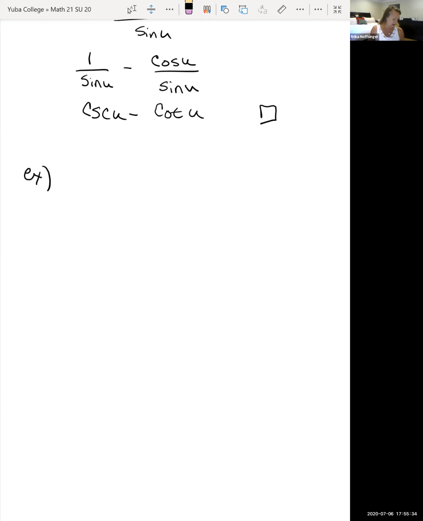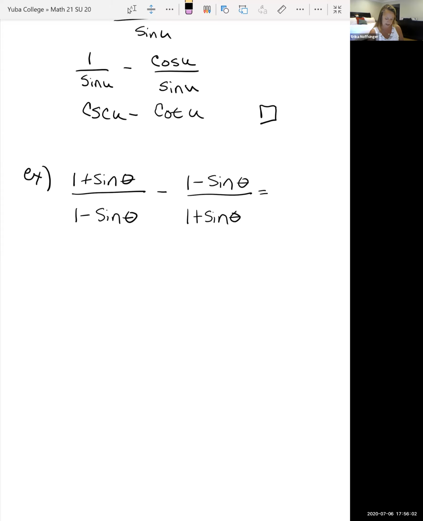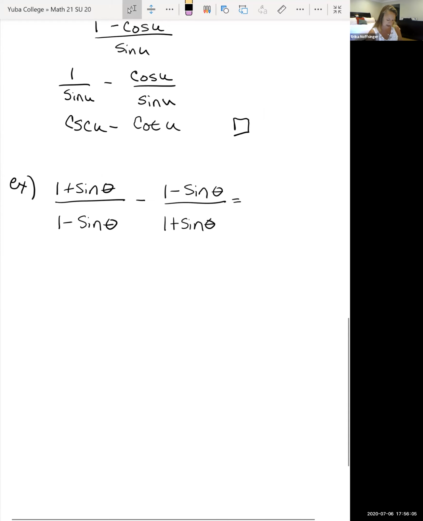So let's see. How about 1 plus sine theta all over 1 minus sine theta minus, then we have a new fraction, 1 minus sine theta in the numerator all over 1 plus sine theta. And we're trying to manipulate this, or manipulate the other side, 4 tangent theta times secant theta.